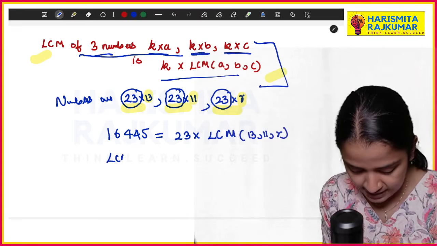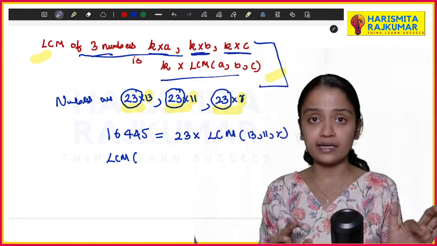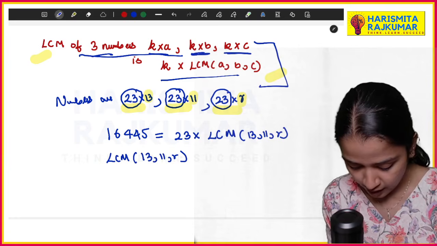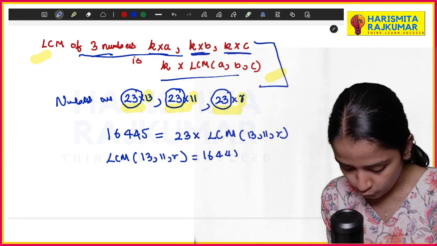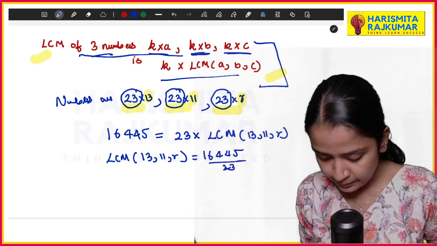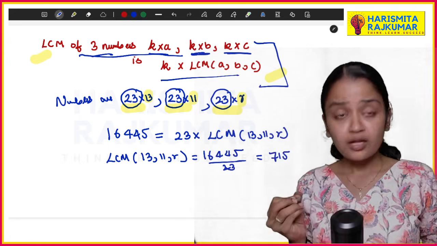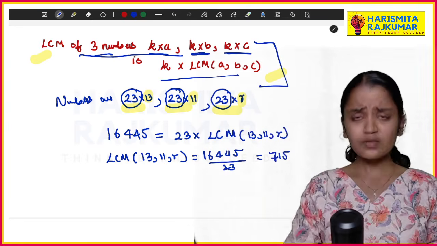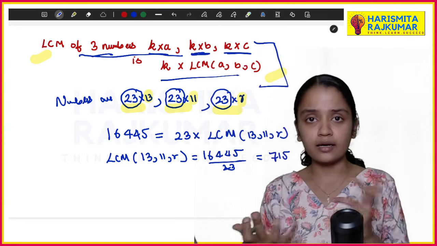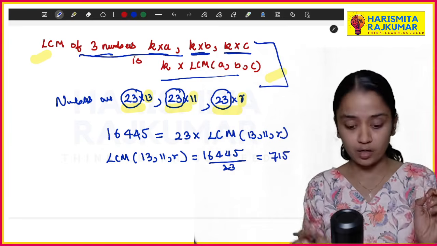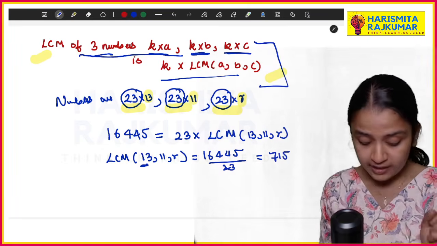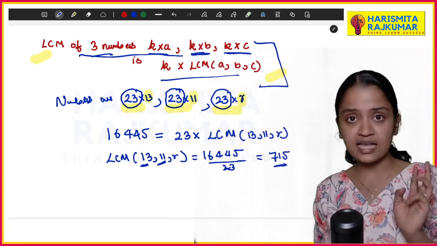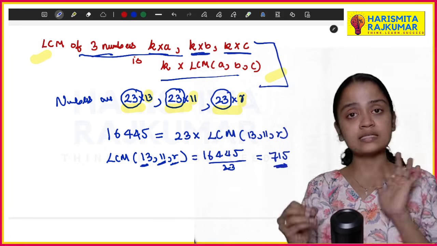Now to find A, I first need to find R. So LCM of 13, 11, R is 16445 by 23, which gives 715. Now, LCM is the lowest common multiple. 13's multiple is 715, 11's multiple is 715, R's multiple is 715.